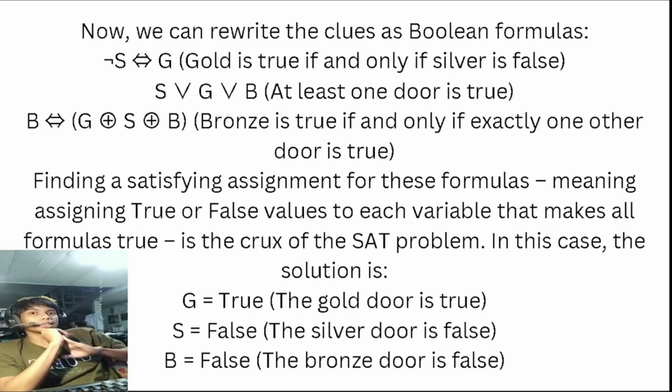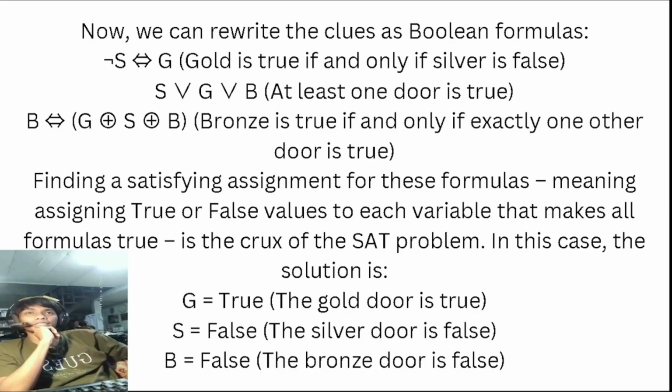And for the last example, there is an exclusion rule, and it says exactly one of them is true. Now let's say B if and only if exactly one of G or S or B is true, meaning the other two must be false.